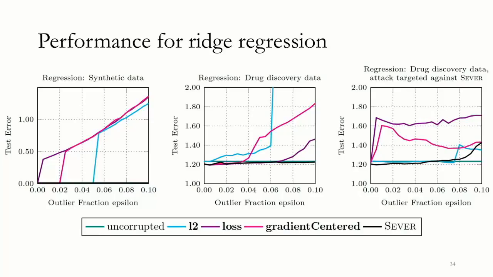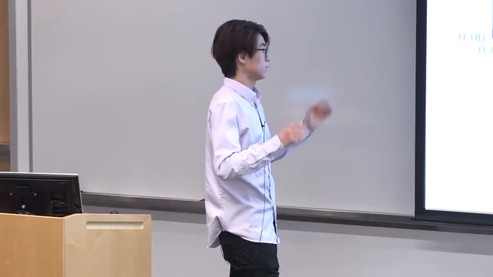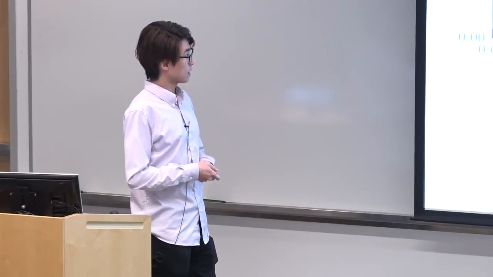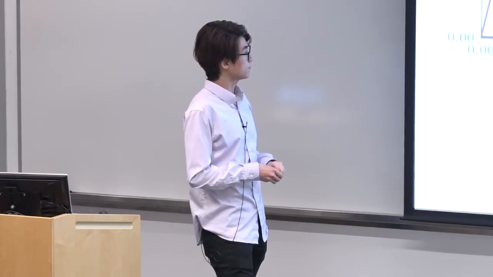So we did a bunch of things. We did two settings: ridge regression and SVMs. For both, we did both synthetic and real-world data. In regression, we used a drug discovery data set, which is apparently standard. It's a slightly different setup than what we did for the robust mean estimation.